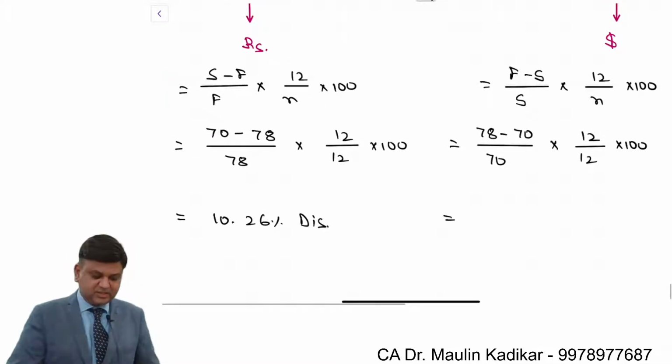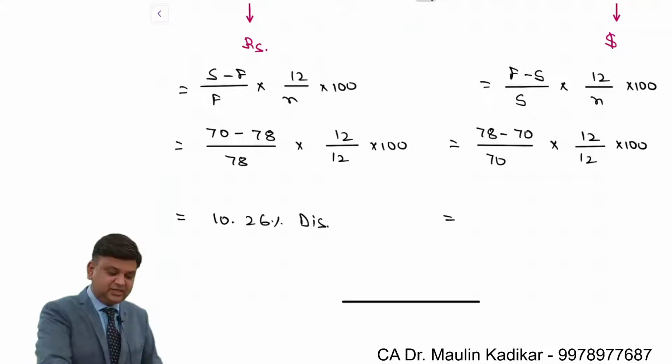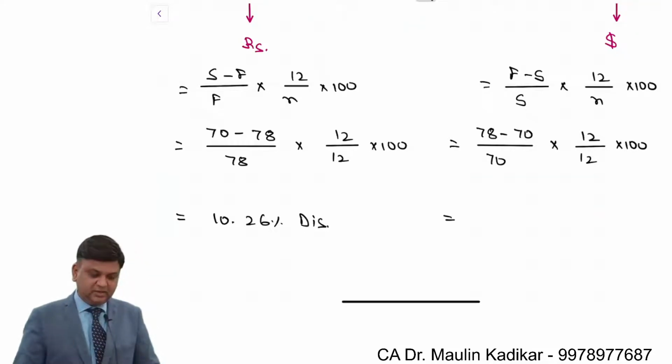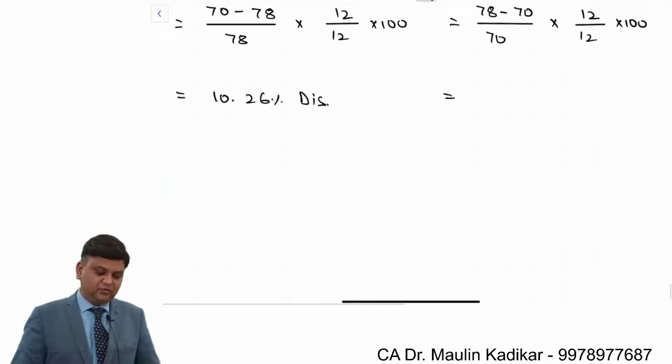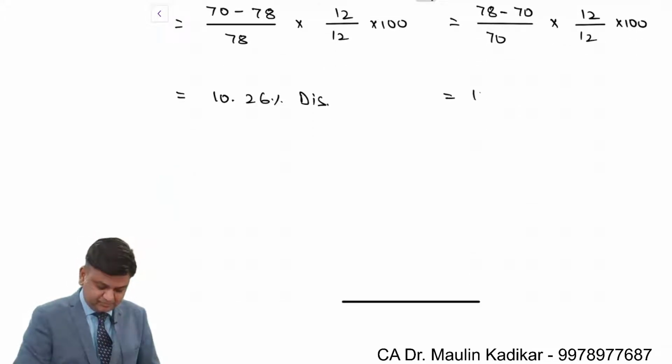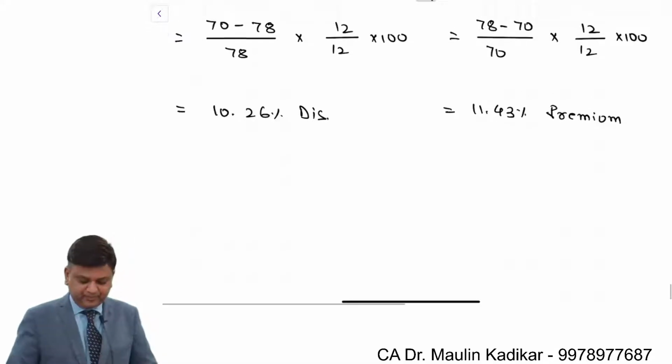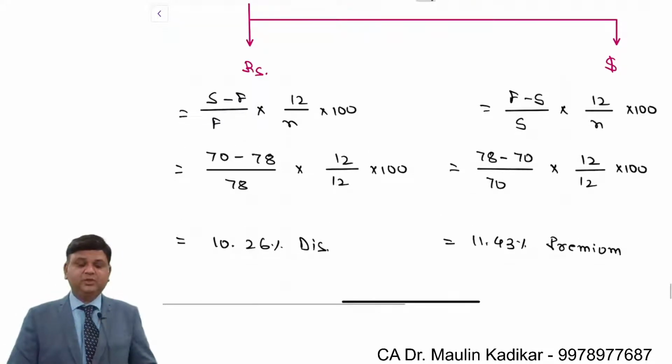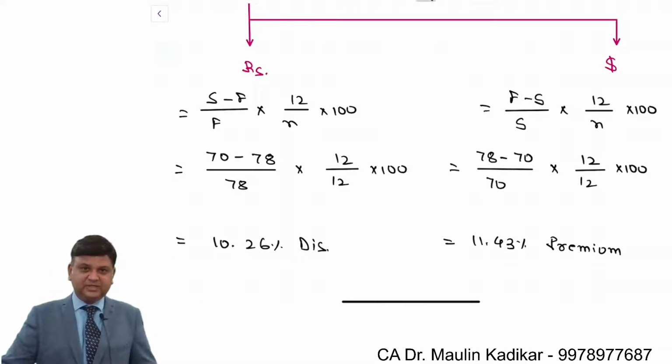And for dollar currency, it is 78 minus 70 is 8 upon 70 into 100, 11.43 percentage. And the answer is positive, so it is premium. So this is the way we'll compute the premium / discount for rupee currency and dollar currency.